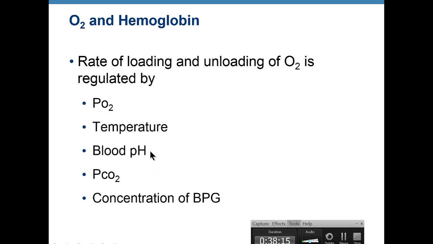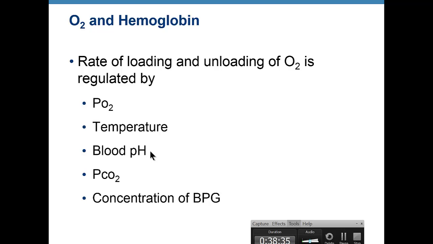Blood pH, if I'm acidotic, that's a hard one to predict. Acidotic, what causes acidosis?